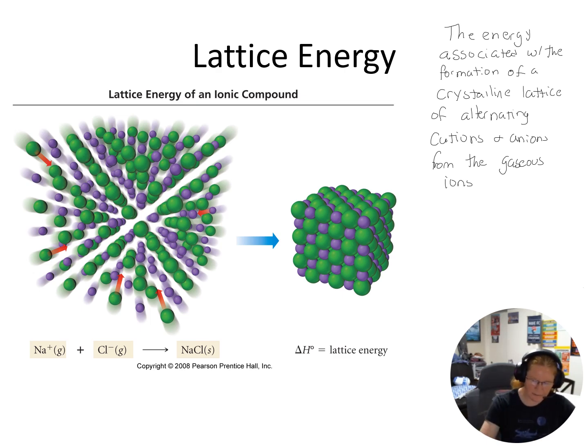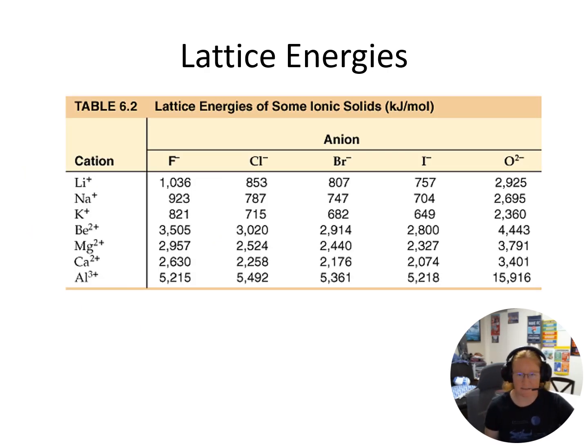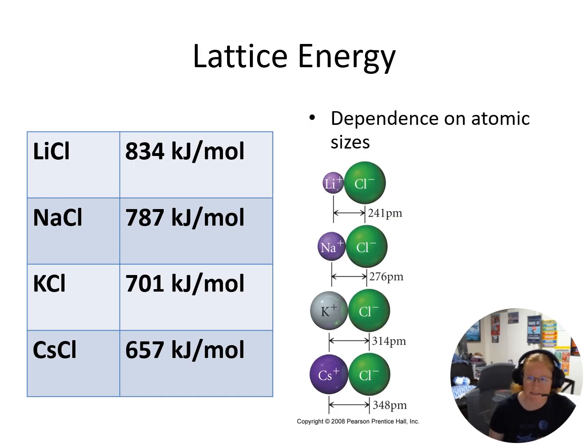Now when I look at lattice energies, I can look at a whole bunch of different things. If I'm going to consider something like lithium fluoride, I would find my lithium cation, my fluoride anion, and there would be my lattice energy. There are a few things to consider.